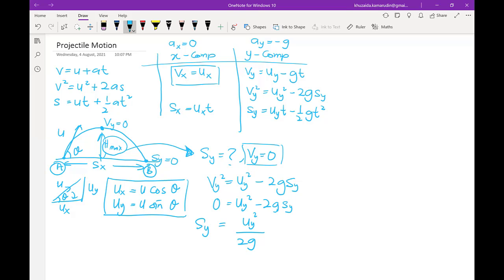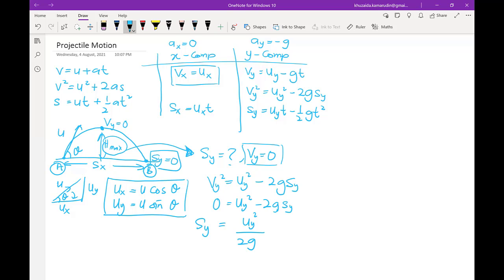Kenapa equals 0? Because A dan B berada pada level yang sama, ketinggian yang sama. So SY equals 0. Again, why? Because SY is displacement. It's not a distance, it's a displacement. So daripada A ke B level yang sama, maksudnya displacement dia sama dengan kosong.